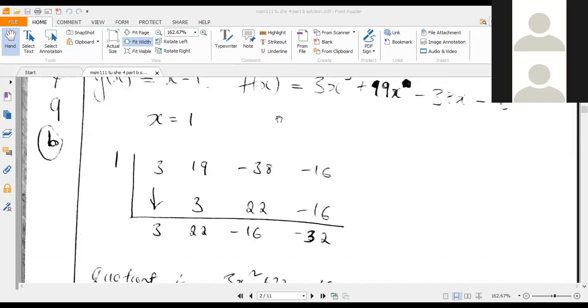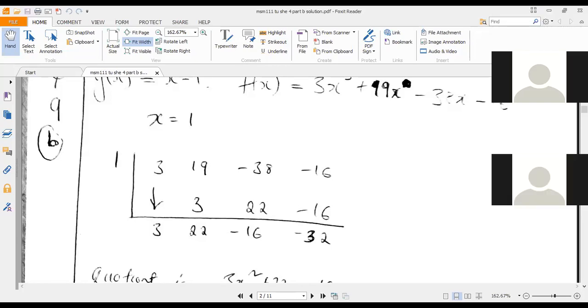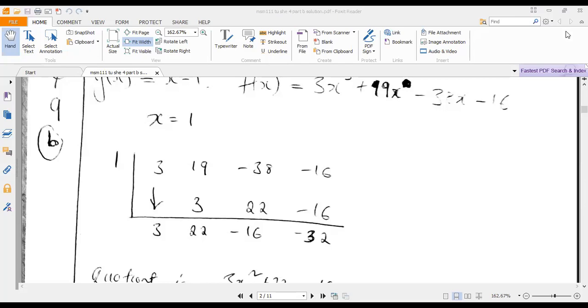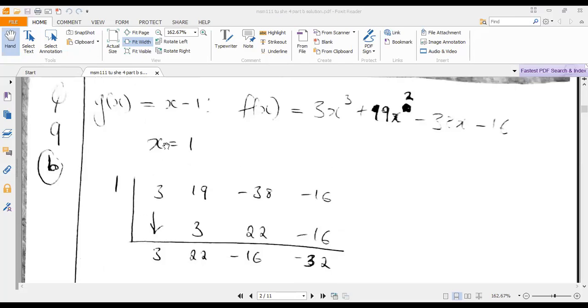All right. So for question 9, we've been told to use synthetic division to show that g of x is a factor of f of x and complete the factorization of f of x.